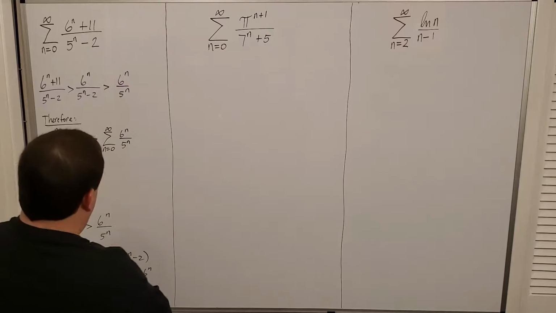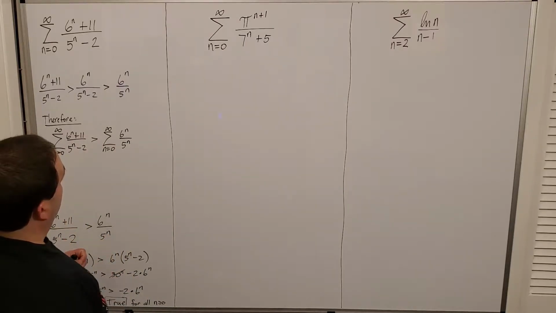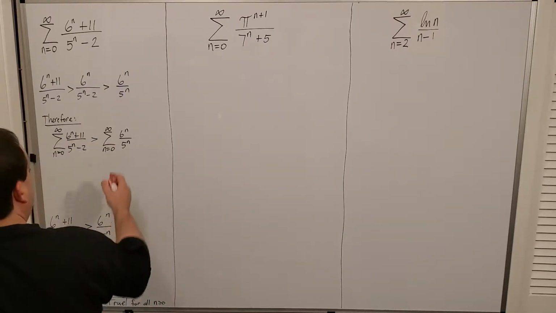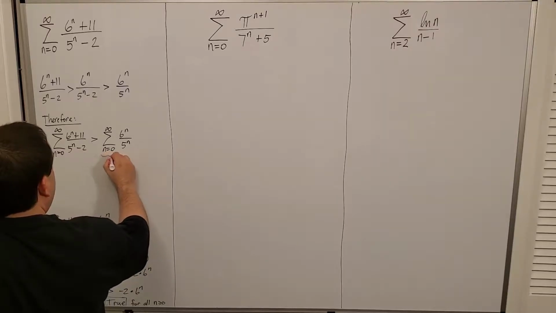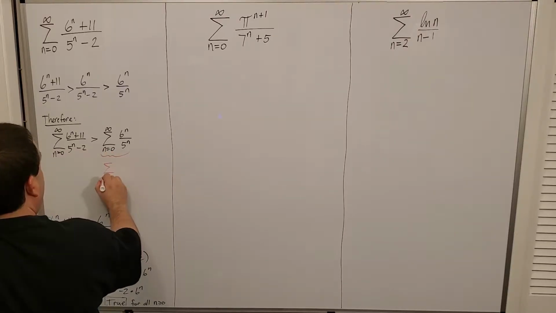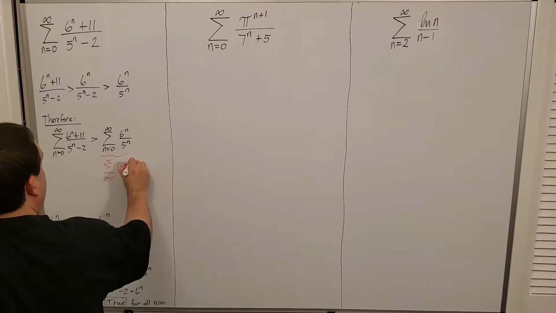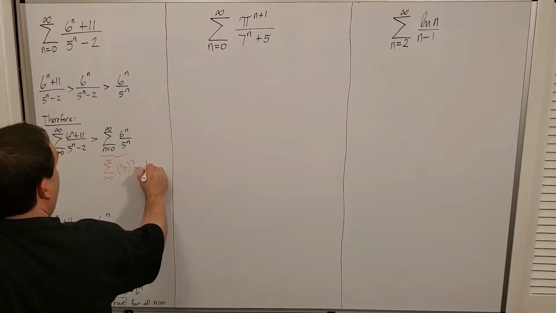However, we know from our geometric series, right, that this right here is the sum from n equals 0 to infinity of 6/5 to the n, which diverges.